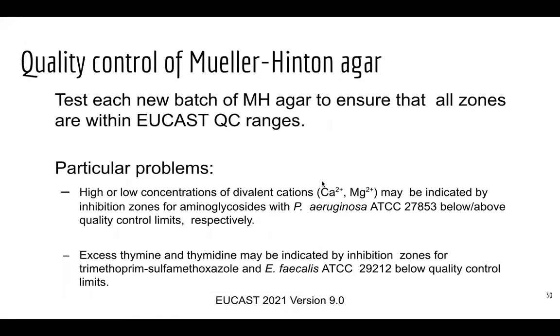So test each batch using quality control. Sometimes you'll find that different batches of agar actually have a different color, and that can make it difficult to read inhibition zones, or there may be low or high concentrations of certain cations, for example. So you might have to do quality control of these.